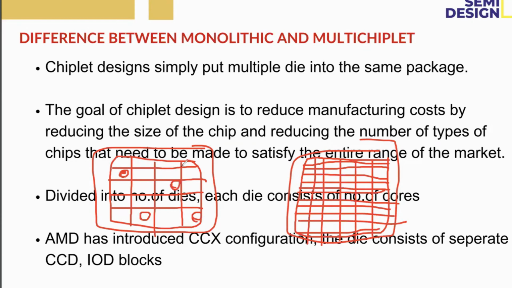Okay, in the same chip, here there are some defects, 4 defects, and the total number of blocks. Okay, what are the total number of blocks here? 1, 2, 3, 4, 5, 6, 7, 8. 20 blocks are there.